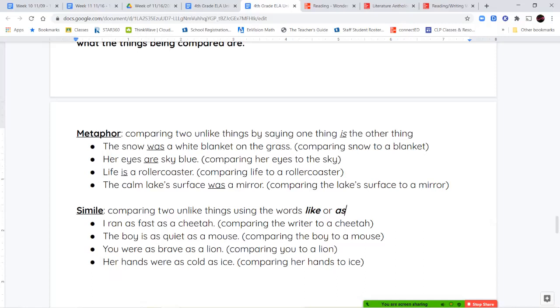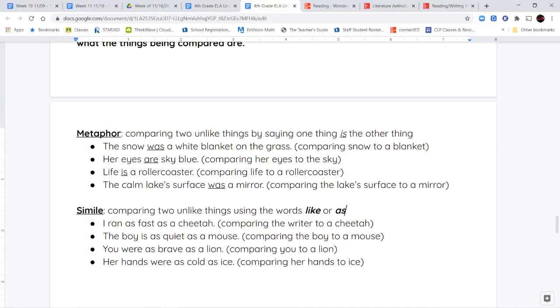So if I say I ran as fast as a cheetah, I'm comparing myself, the writer, to a cheetah, I and the cheetah. If I say the boy is as quiet as a mouse, I'm comparing the boy to a mouse. If I say you were as brave as a lion, I'm comparing you to a lion. If I say her hands were as cold as ice, I'm comparing her hands to ice.